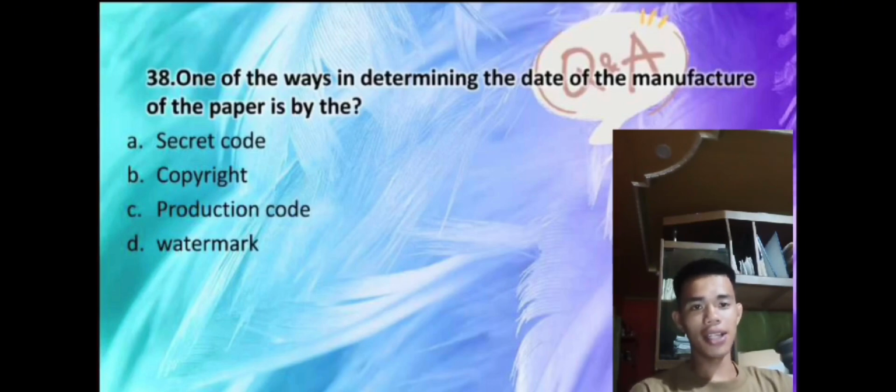Ang last na maling answer kay letter C, production code. Although a production code might exist for internal tracking by the manufacturer, it is often not easily accessible or recognizable to the public and may not indicate the date of manufacture in a clear way.